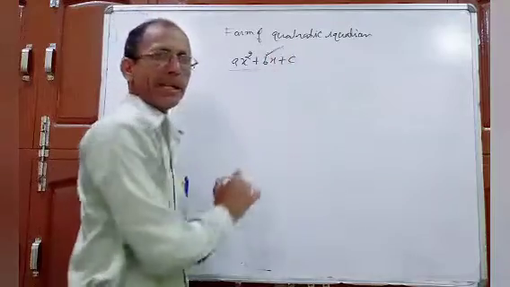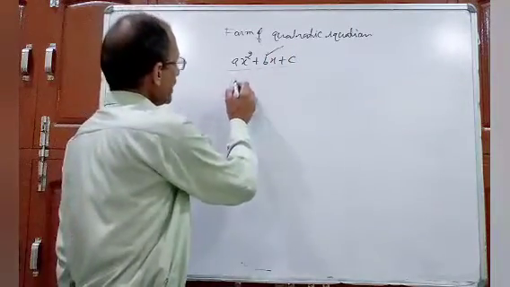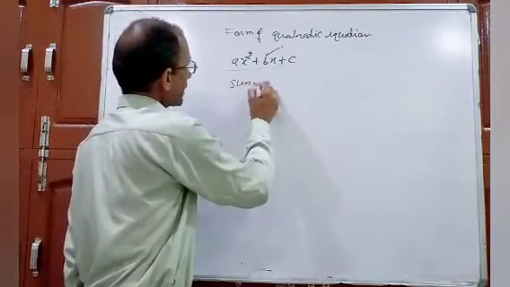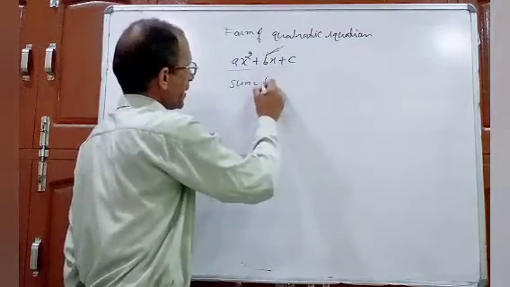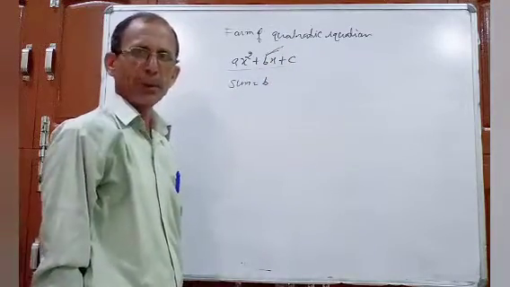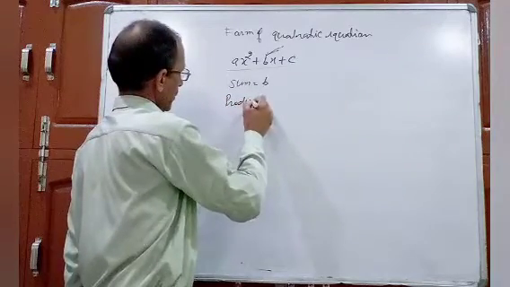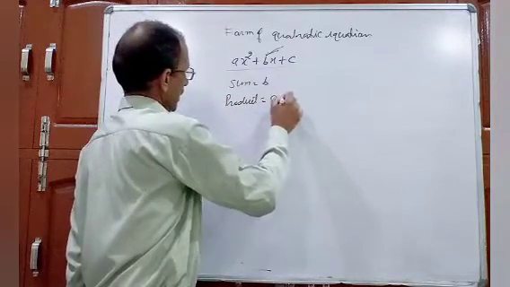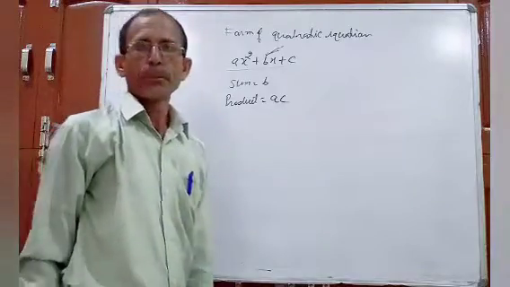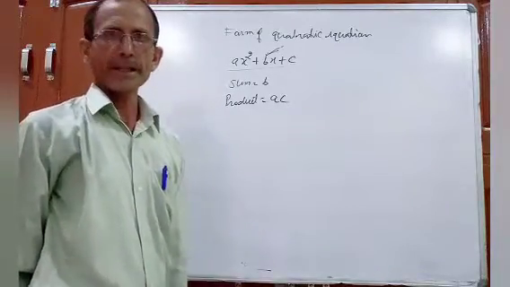Splitting the middle term means the sum should be equal to b and the product should be equal to AC.